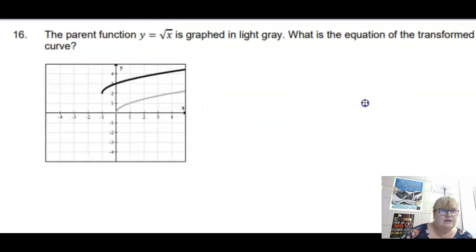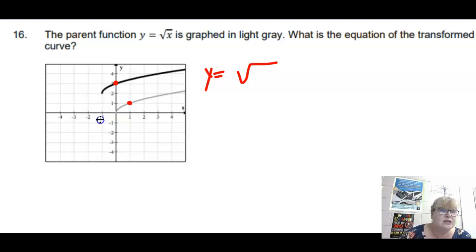All right, number 16, the parent function is gray again, and it is the square root function. This has only been shifted left 1 and up 2. See how it goes up 1 and over 1 to get to that next dot? It's still doing that, so it hasn't been stretched.